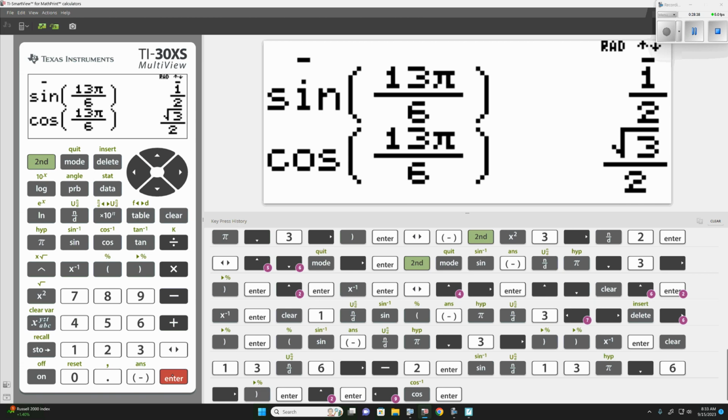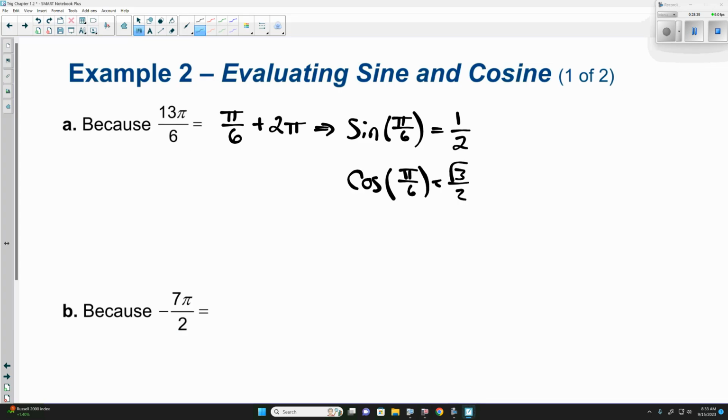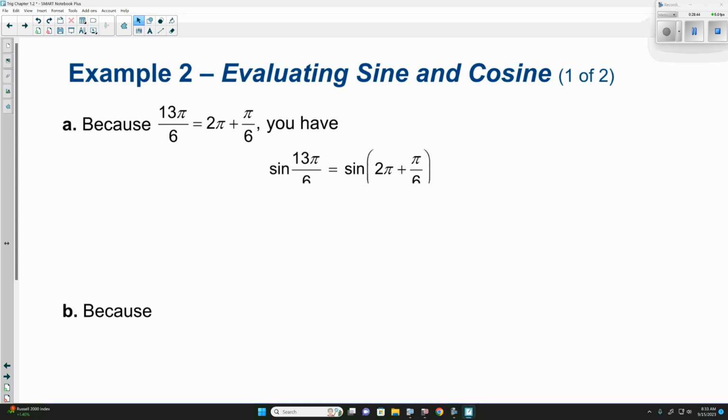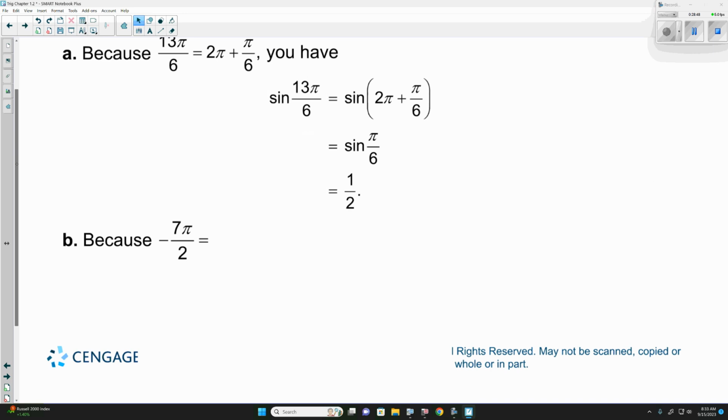We get that there. Yep, so I was right with what I was doing there originally. Okay. Which gives us that there.